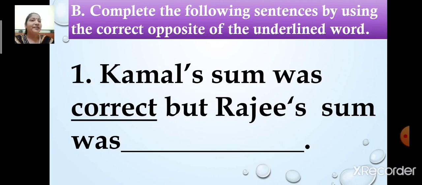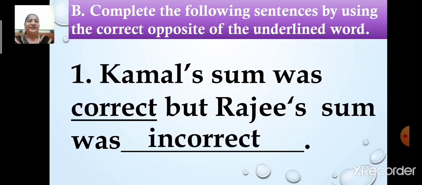What is the opposite word of correct? Yes, you are right. The opposite word of correct is incorrect. So, Kamal's sum was correct, but Raji's sum was incorrect.